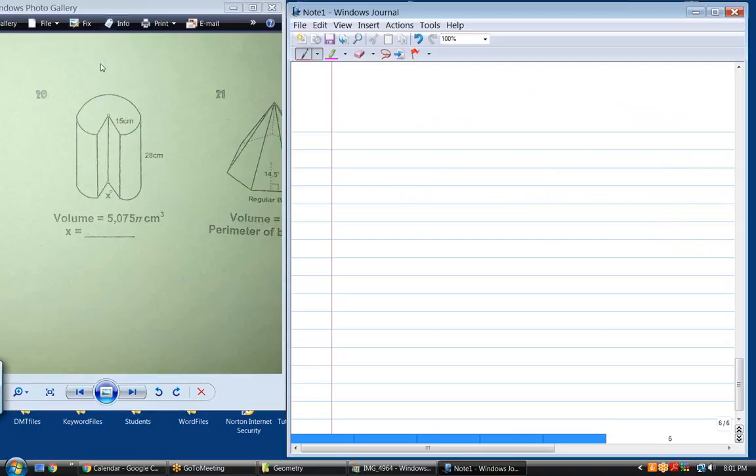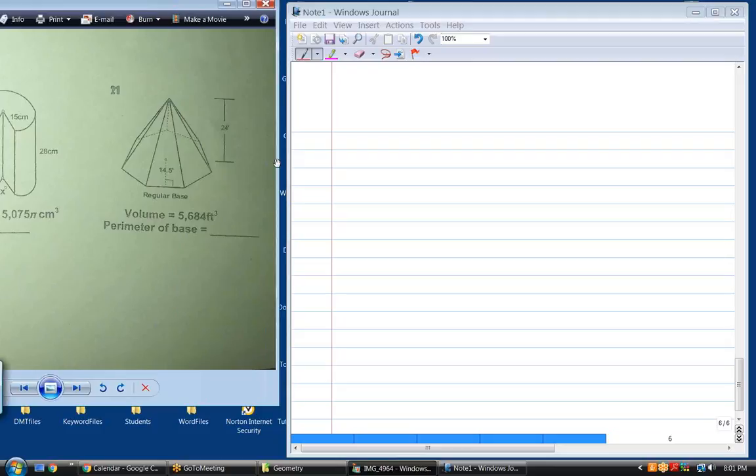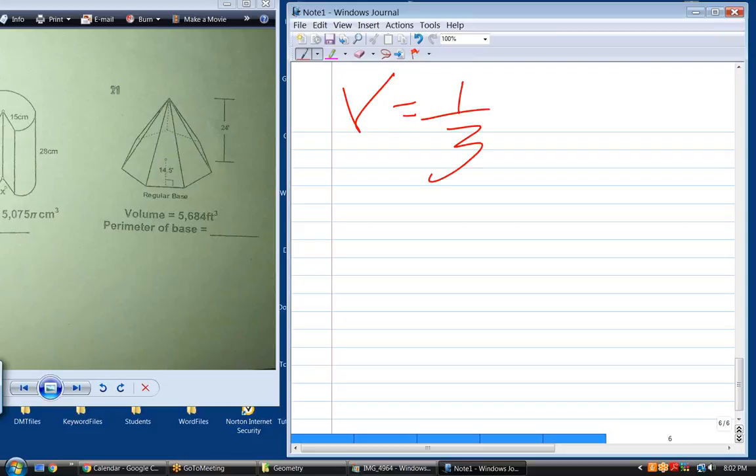It's 8 o'clock. It looks like we got one more unsolved problem. Let's just talk about it quickly. What's the general formula? Base times height. No, remember it goes to a point. So start off with 1/3.